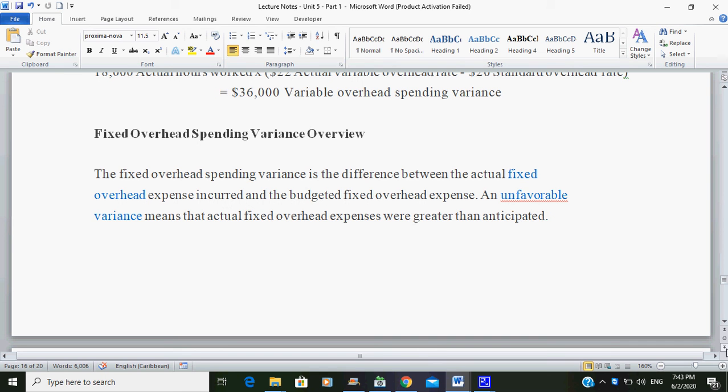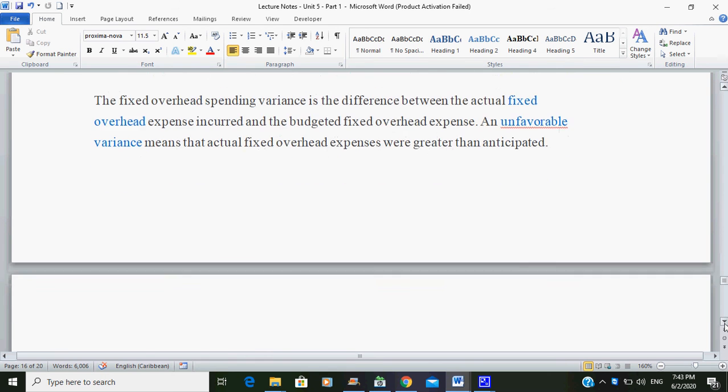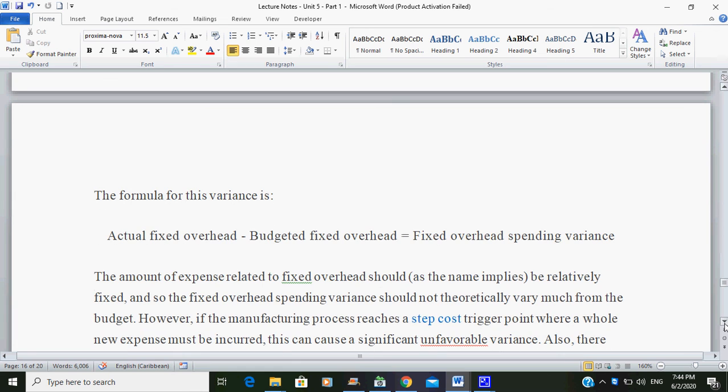Also, there may be some seasonality in fixed overhead expenditures, which may cause both favorable and unfavorable variances in individual months of a year, but which cancel each other out over the full year. Other than the two points just noted, the level of production should have no impact on this variance. This is one of the better cost accounting variances for management to review, since it highlights changes in costs that were not expected to change when the fixed cost budget was formulated.